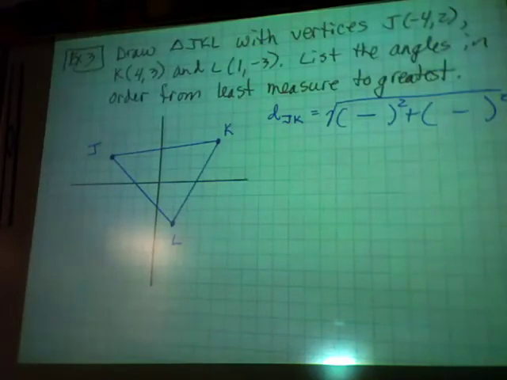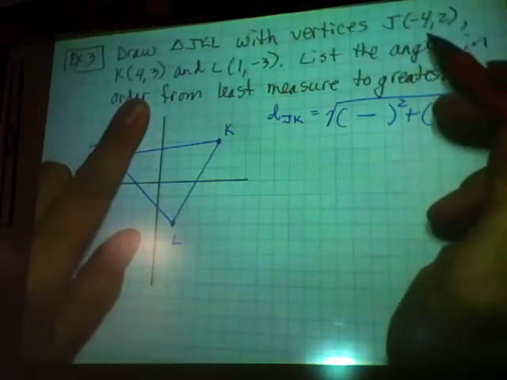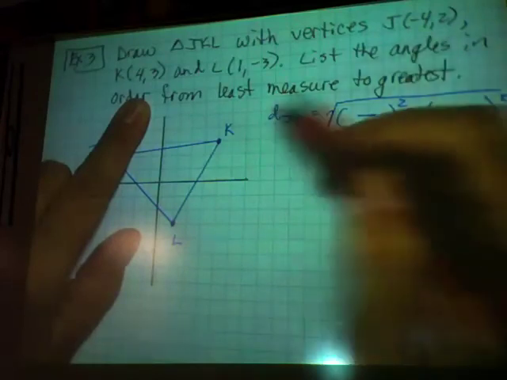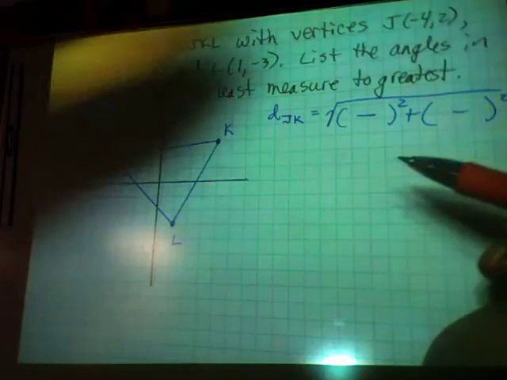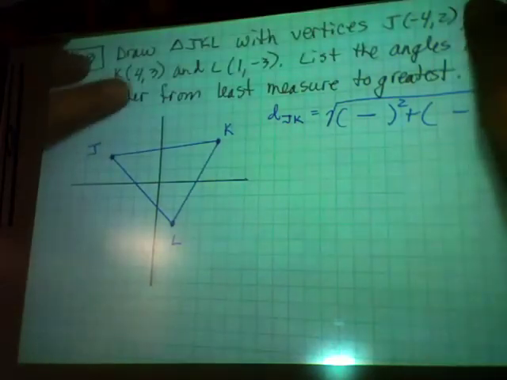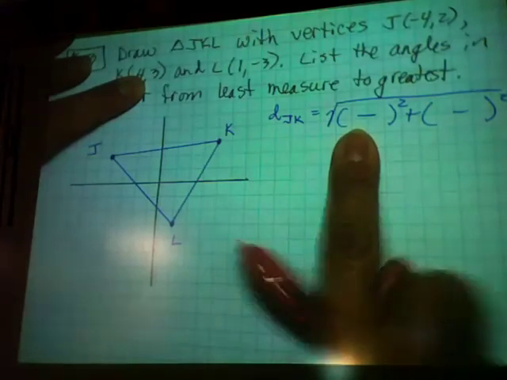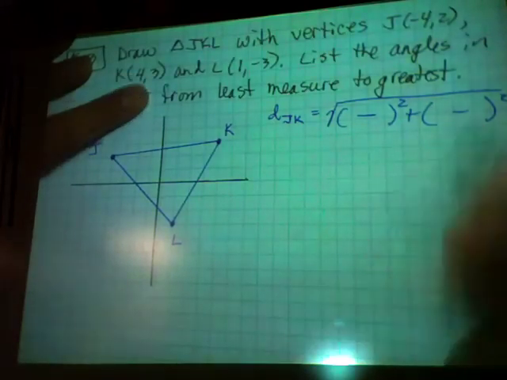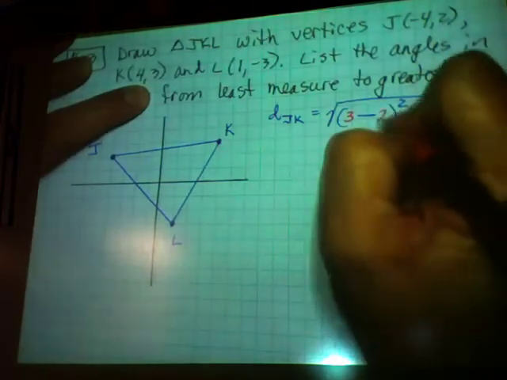All right, so from J to K, if I label these x sub 1, y sub 1, x sub 2, y sub 2, they are going to change with each pair that I do. So I'm not going to actually do that, but make sure that you're putting the y's together and the x's together. So this is the difference of the y squared and the difference of the x's squared. So here I'm going to take 3, which is a y, and subtract the other y, which is 2.